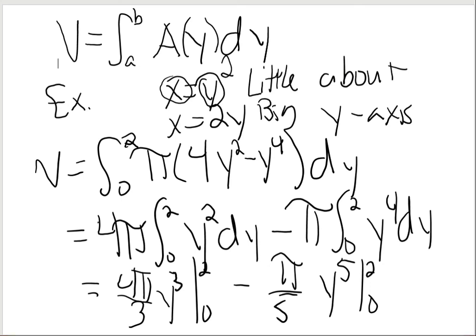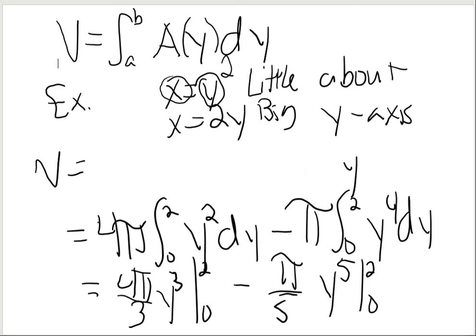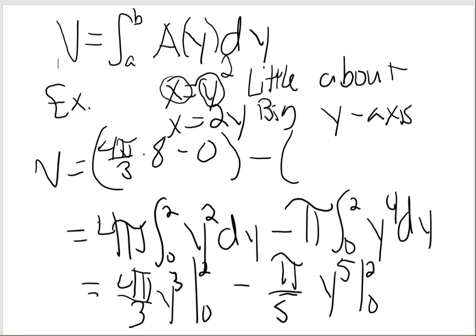So let's just do the last little bit of computing this. The first one will be 4 pi over 3 times 2 cubed, which is 8, minus 0, minus pi over 5 times 32 minus 0.